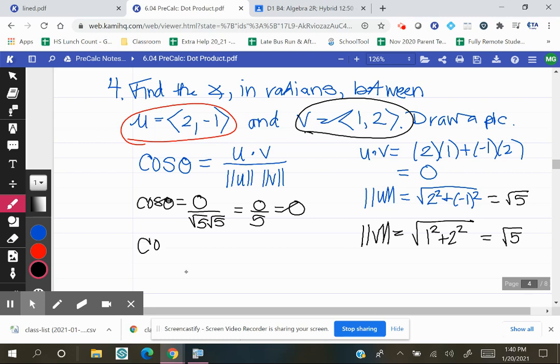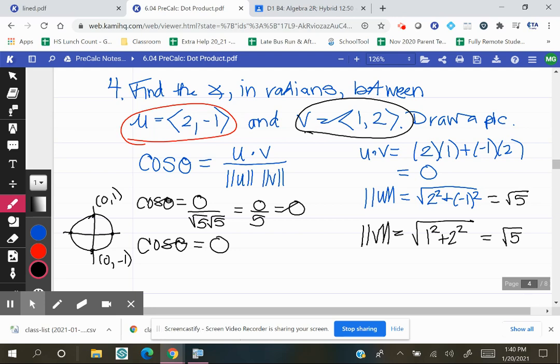So now this also could be on a no calculator portion, where you could be asked to find theta in radians or degrees without a calculator. So remember, anytime you have sine or cosine equal to 0, 1, or -1, that tells us it's going to be on one of our axes. So we're looking for where cosine is 0. So you're not going left or right at all. So either 0, 1, or 0, -1.